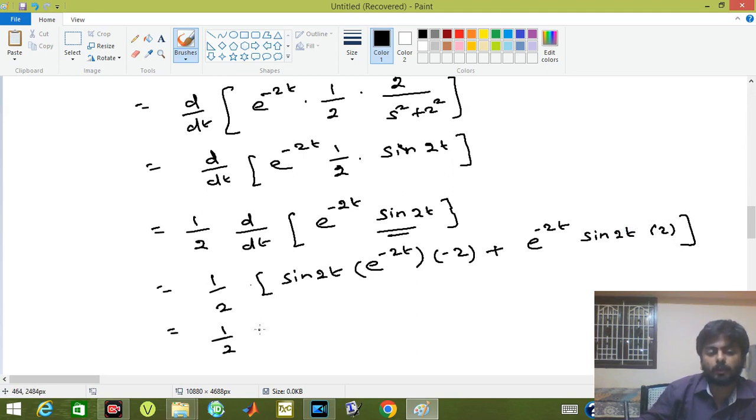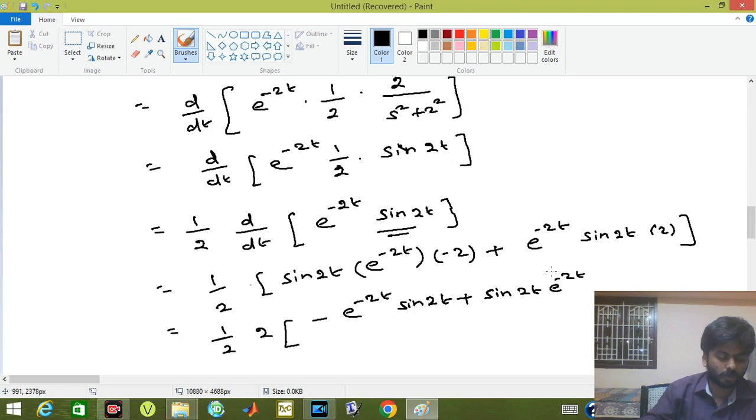So 1 by 2 into 2 times of minus e power minus 2t sine 2t plus sine 2t into e power minus 2t. Okay, I think actually on differentiating sine 2t, listen, we have made a mistake.